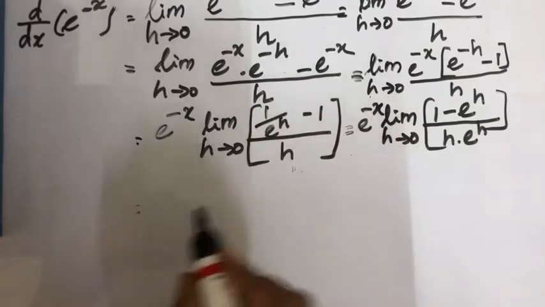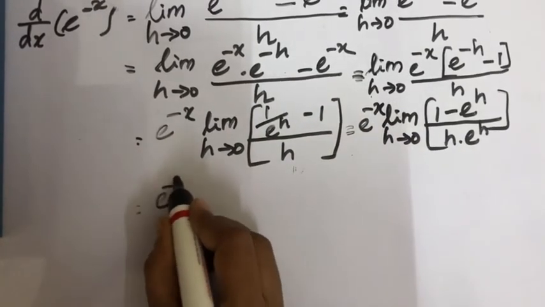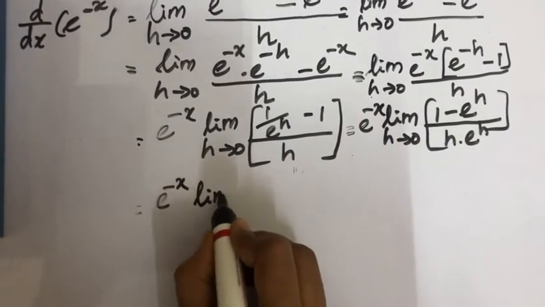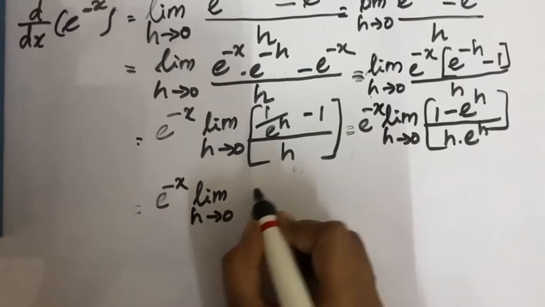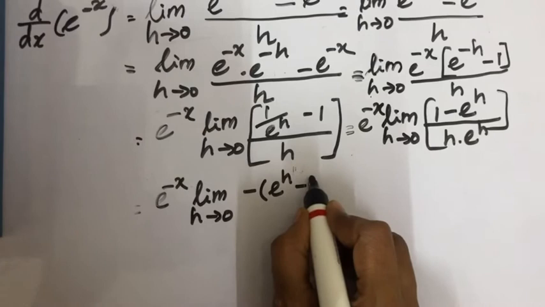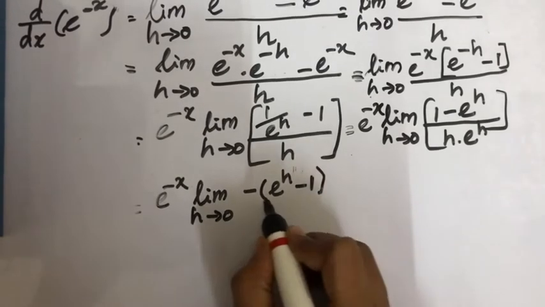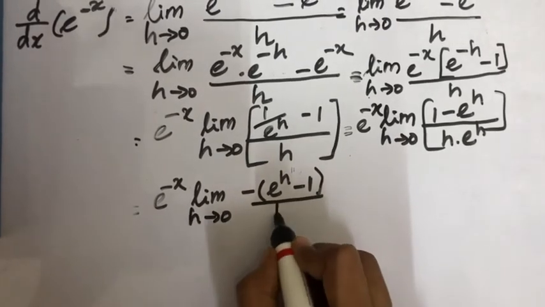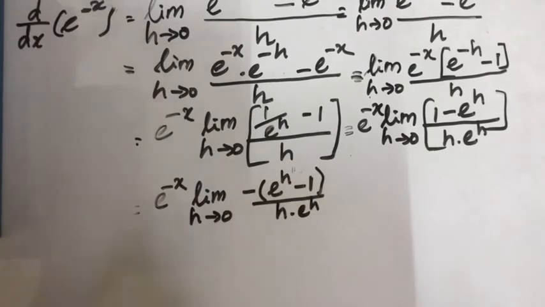Now I write it as e power minus x limit h tends to 0 minus of e power h minus 1 divided by h into e power h.